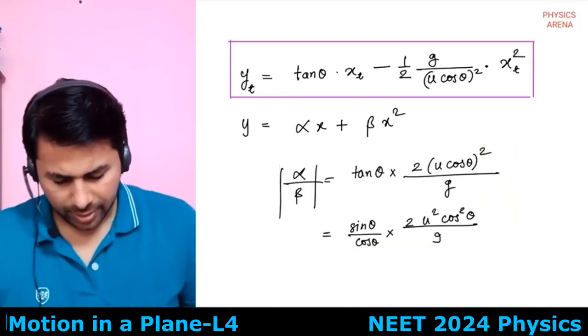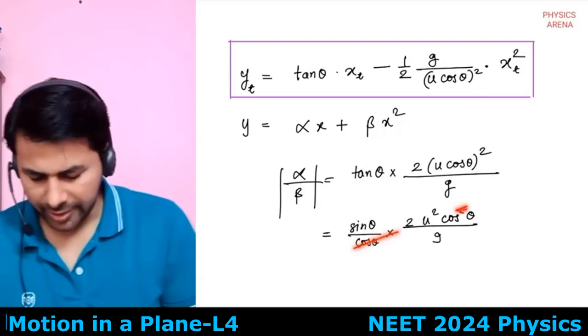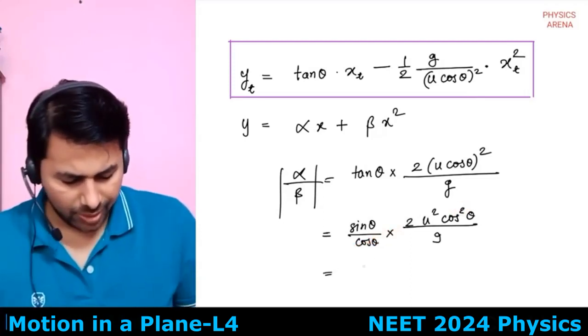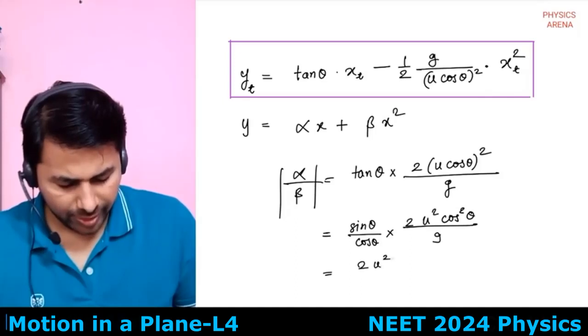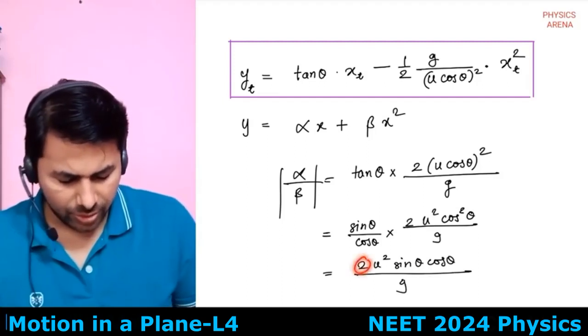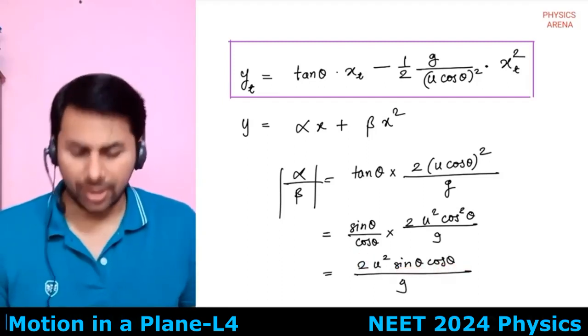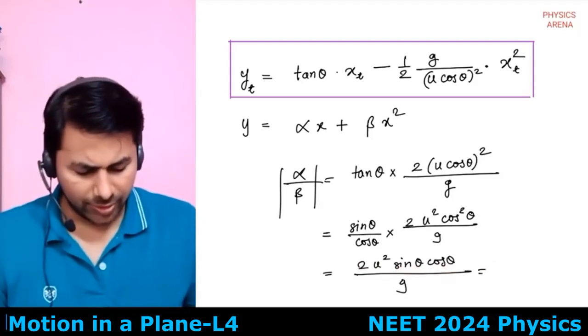Then see, something gets cancelled out, this cos theta gets cancelled, so you have 2 times u square sin theta cos theta upon g, or you can say u square multiplied by 2 sin theta cos theta upon g. So what is this?